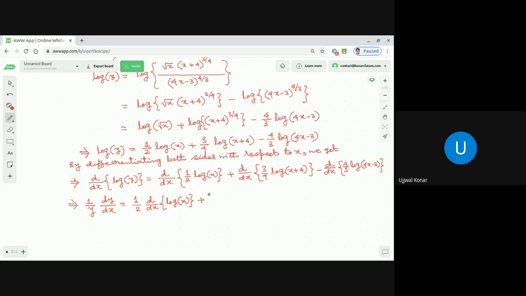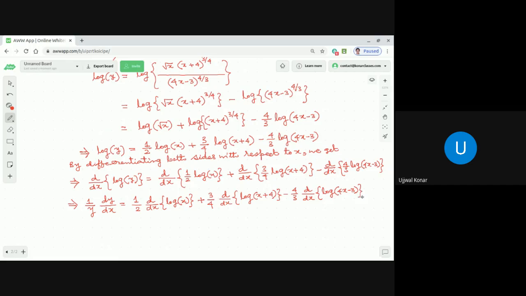Plus, in the same logic, we get 3 by 4 into d/dx of log of x plus 4, minus 4 by 3 into d/dx of log of 4x minus 3.